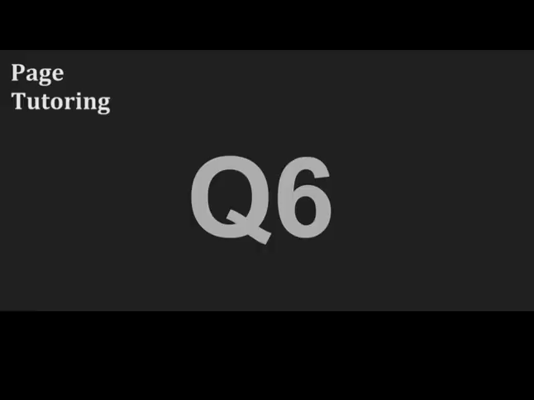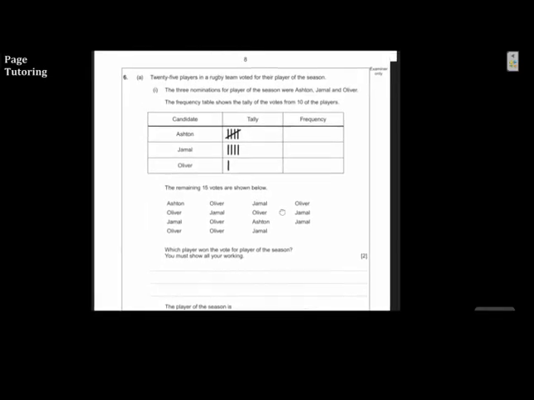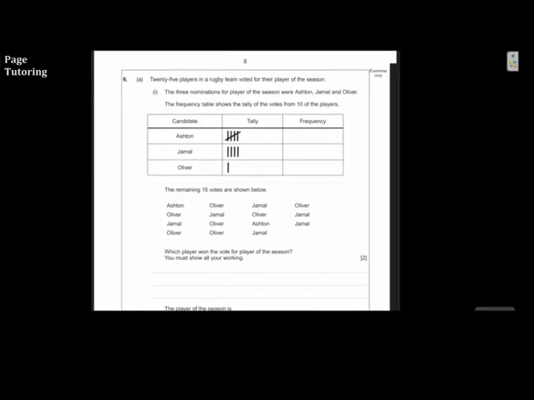Question 6a. Just going to zoom in a little bit so we can read it a little easier. 25 players in a rugby team voted for their player of the season. The 3 nominations for players of the season were Ashton, Jamal, and Oliver. The frequency table shows the tally of the votes from 10 of the players.